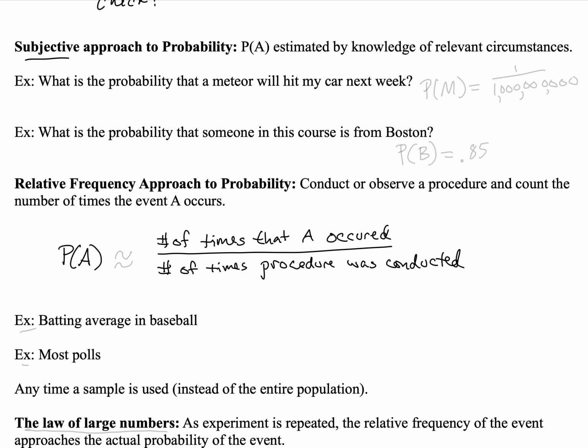So let's just look at two together. What's the probability that a meteor will hit my car next week? And what's the probability that somebody in this online course is from Boston?